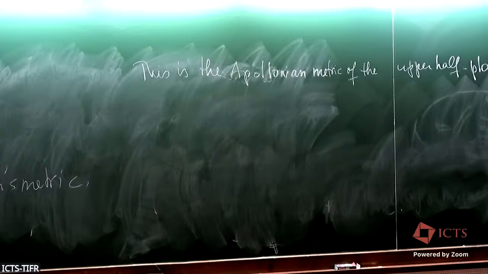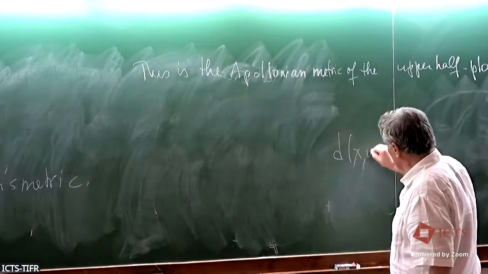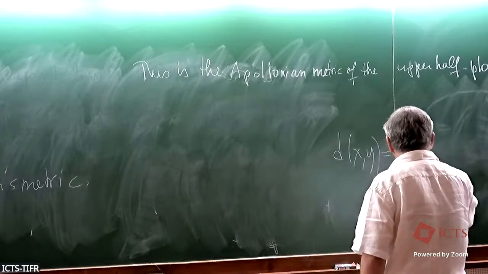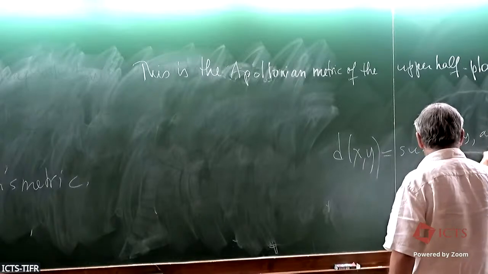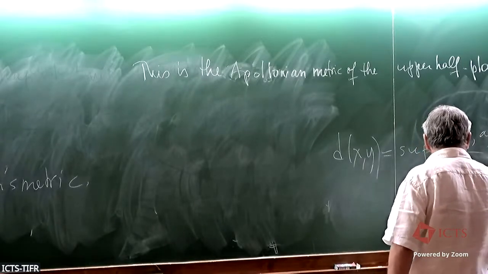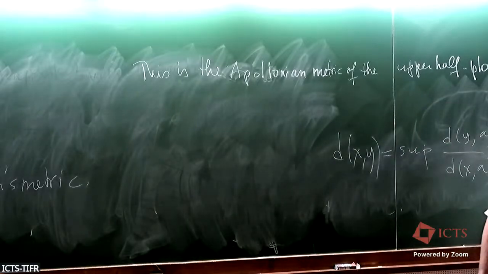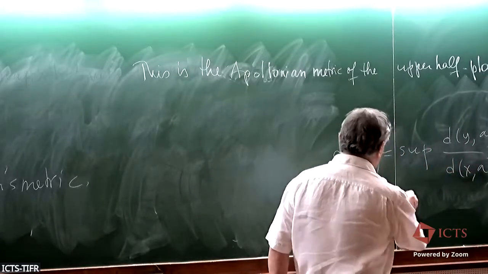This is the formula now. This is the convex set. You have X and you have Y. And you define the distance from X to Y as the supremum of the distance between Y and A, X and A, where A is in the boundary of your convex set, and then you take the supremum over A.